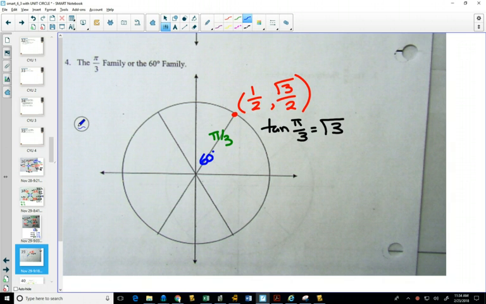Check to see how you did with your degrees. Check to see how you did with your radians.